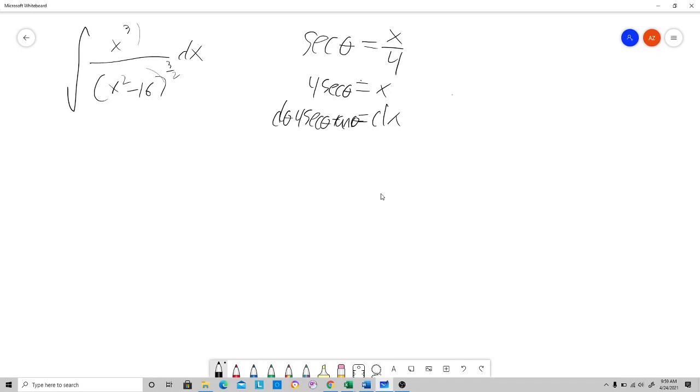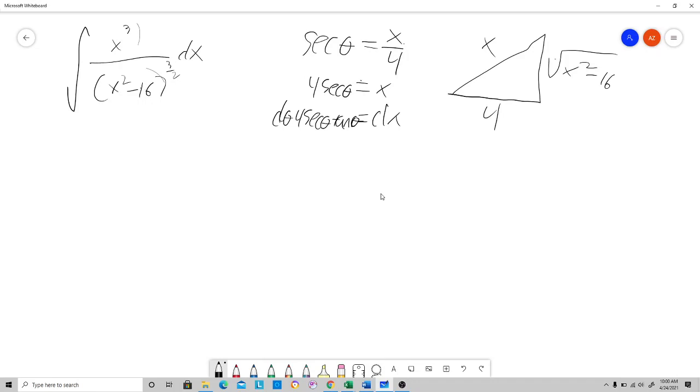And now we can draw a triangle to show the relationship between all these functions. The hypotenuse, which is x, goes right here, the adjacent is 4, and the other leg is the square root of x squared minus 16. It's good that we pair it with tangent, because secants and tangents tend to be derivatives of each other.